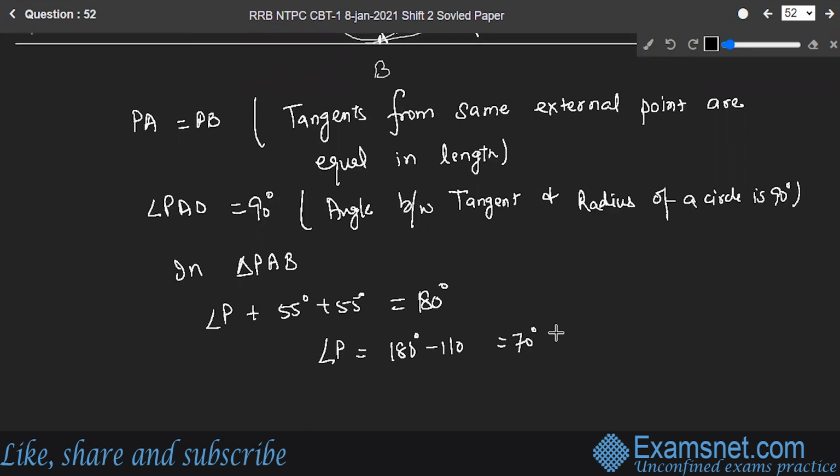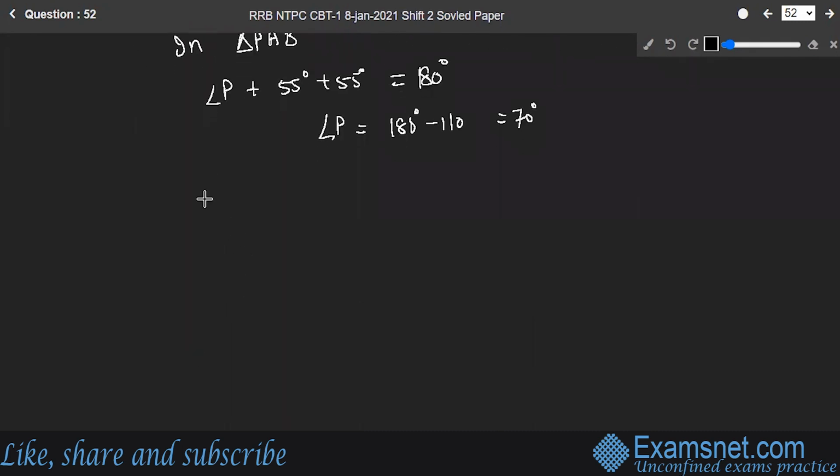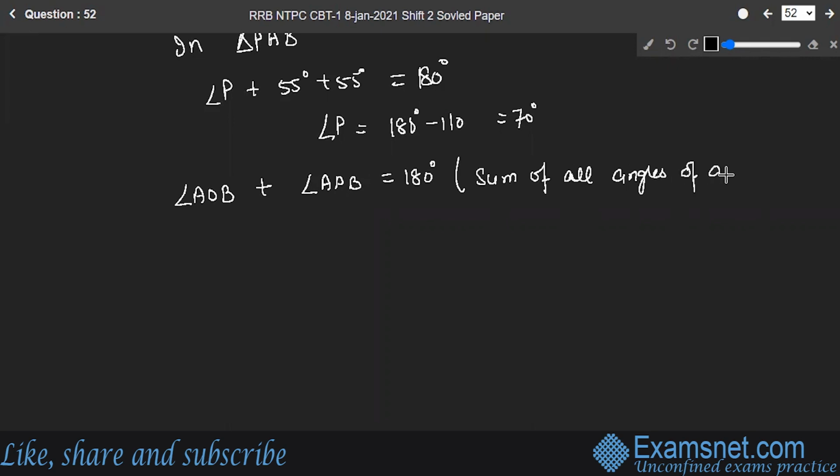Now angle AOB plus angle APB is equal to 180 degrees, because the sum of all angles of a quadrilateral is equal to 360 degrees.